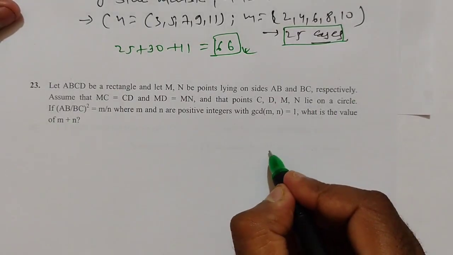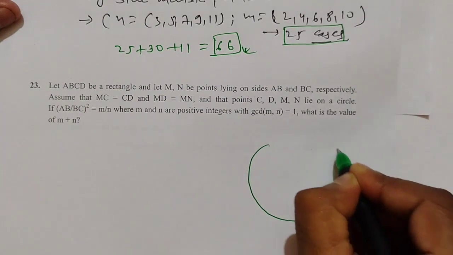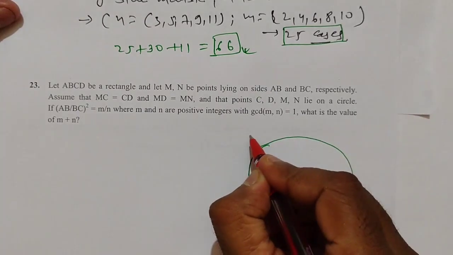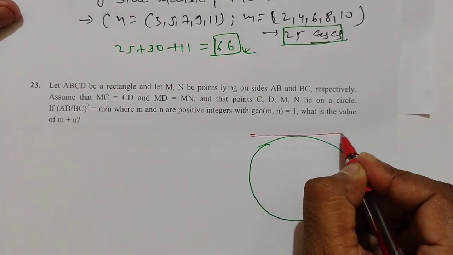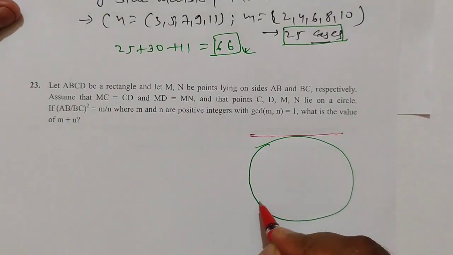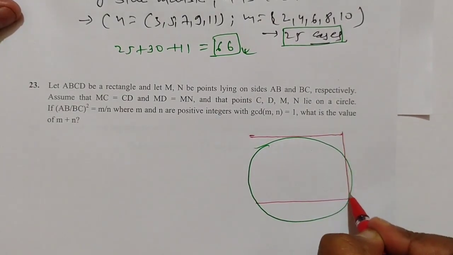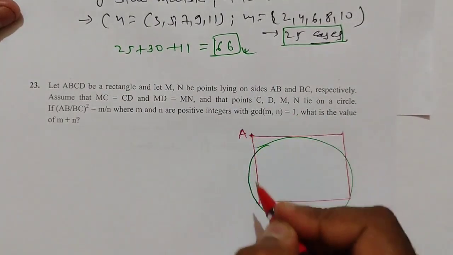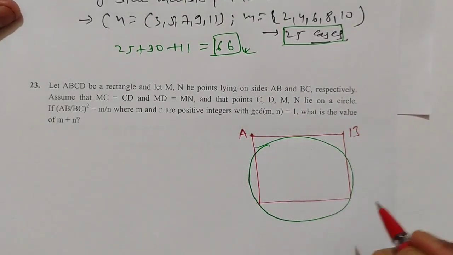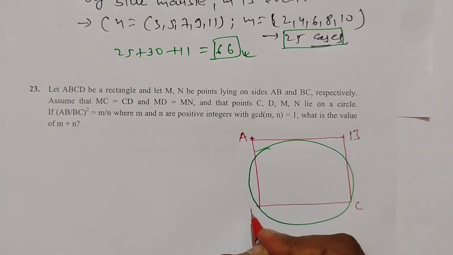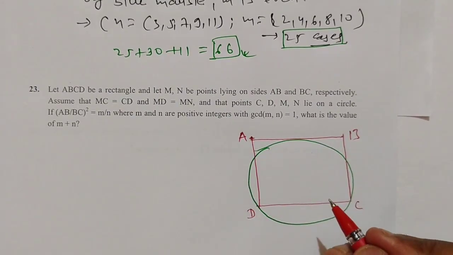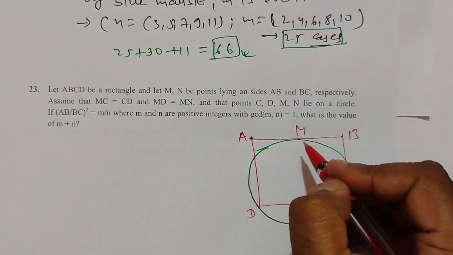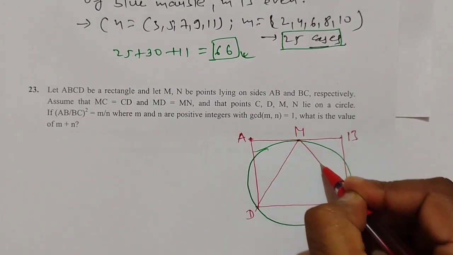So this is a circle and this is a rectangle, A, B, C and D. This is point M and we are forming a triangle here.